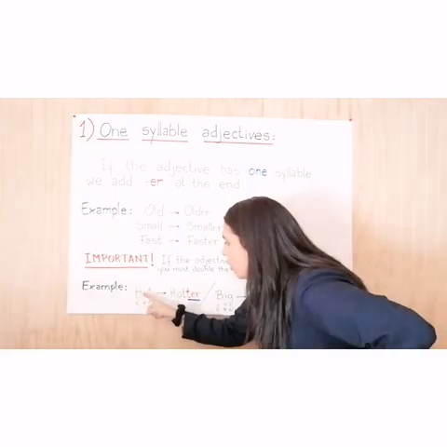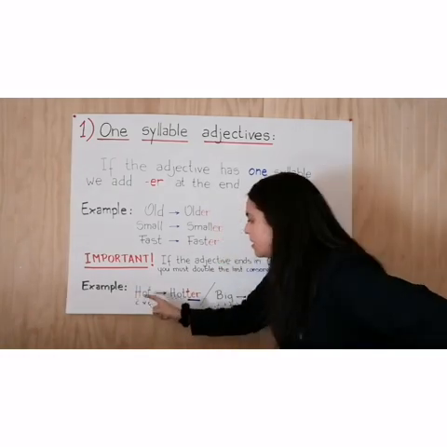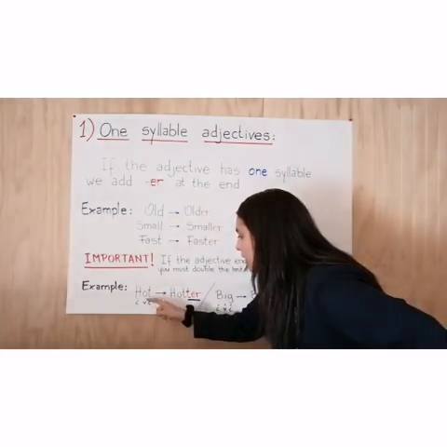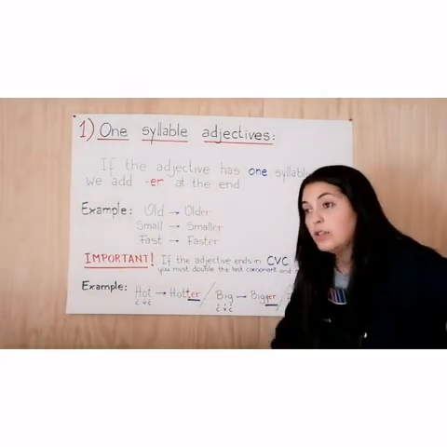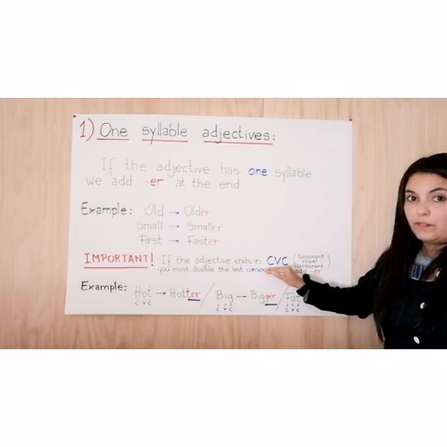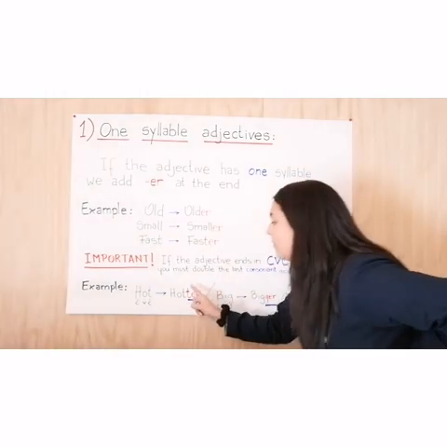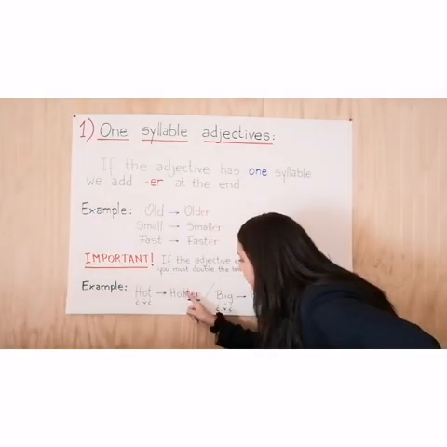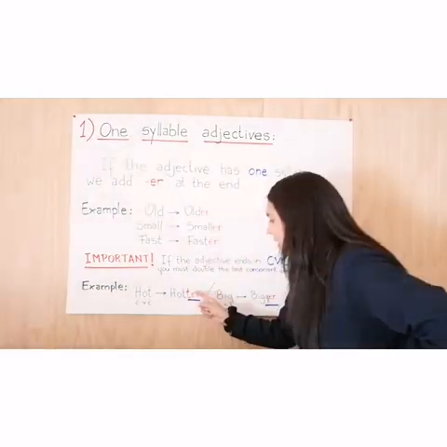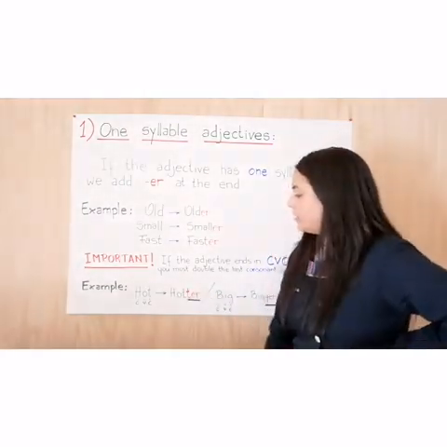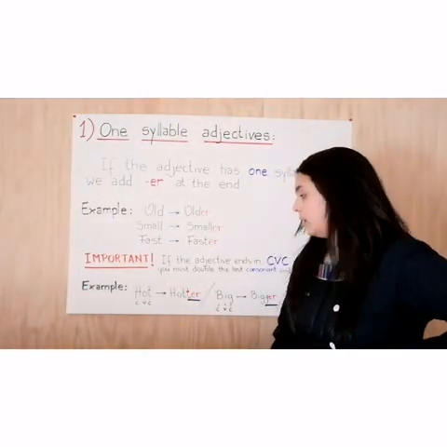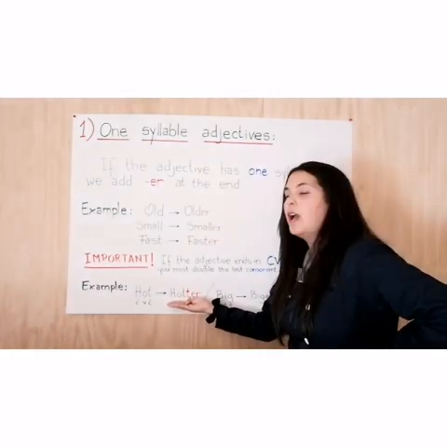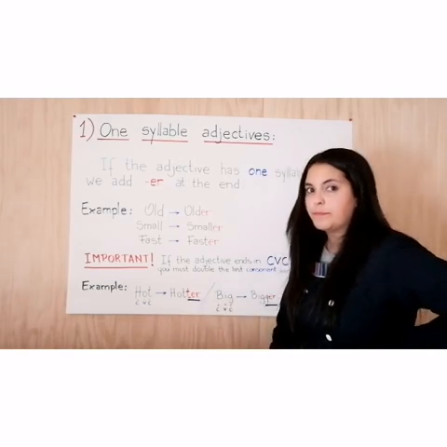The H is a consonant, the O is a vowel, and the T is another consonant. So, it's CVC. And for that, we have to double the last consonant. In this case, the T, we put it again, and then we add er. So the result is hotter. Hot is the positive. The comparative is hotter.